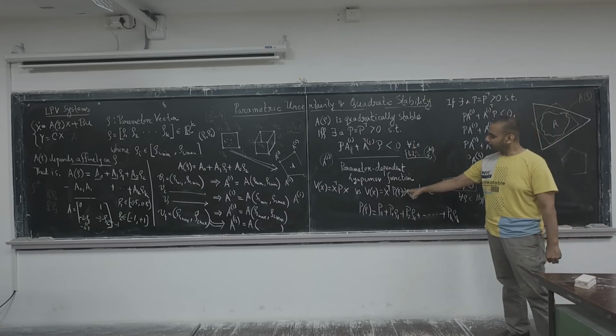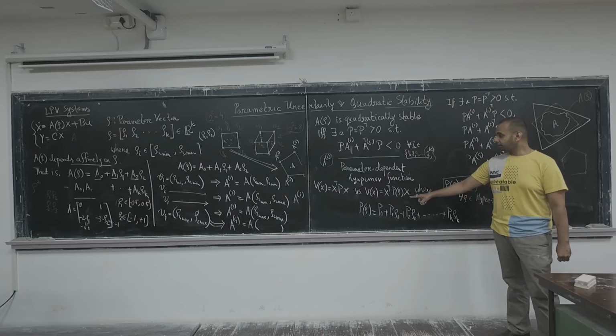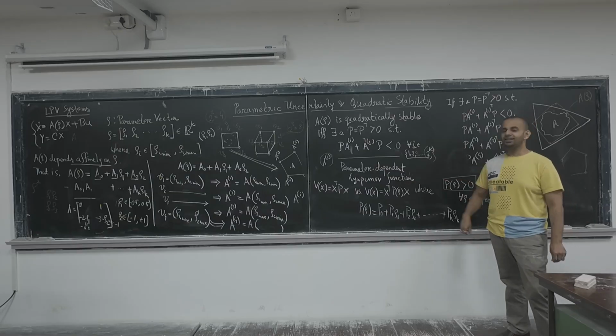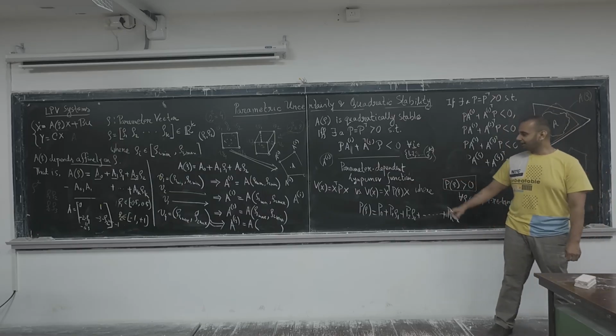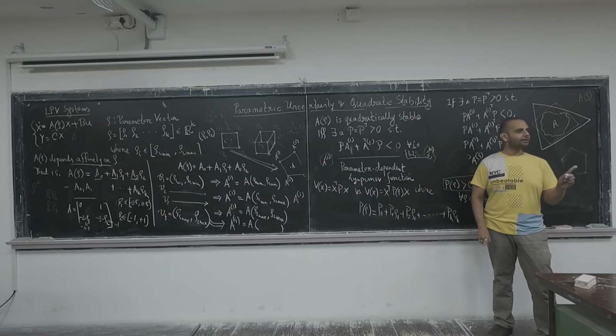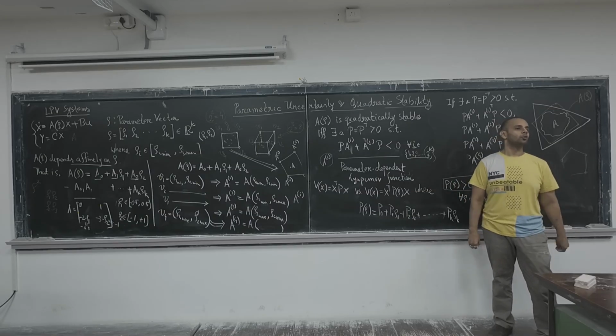If we can think about such a P matrix, then it is called a parameter dependent Lyapunov function. From the expression itself you can understand. Earlier it was only x transpose Px, now it is x transpose P(rho) x, where the function P(rho) depends affinely on the parameter rho.